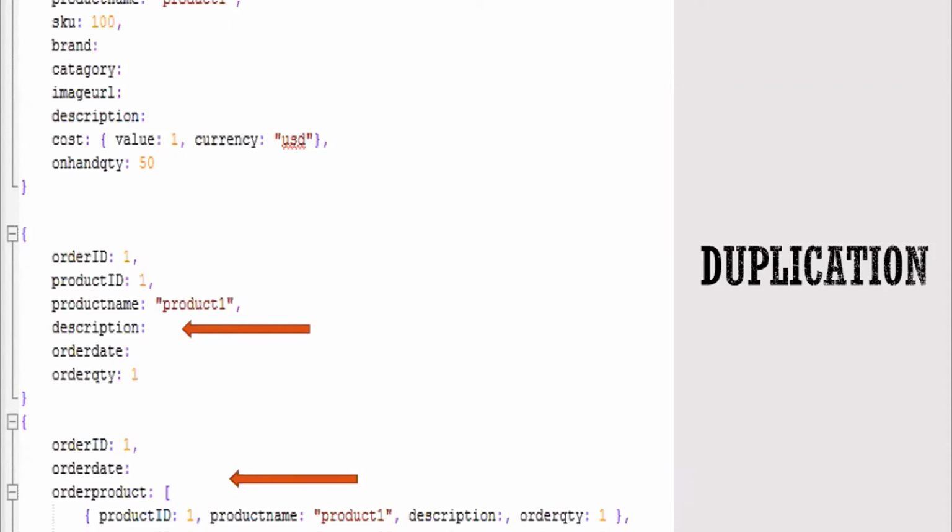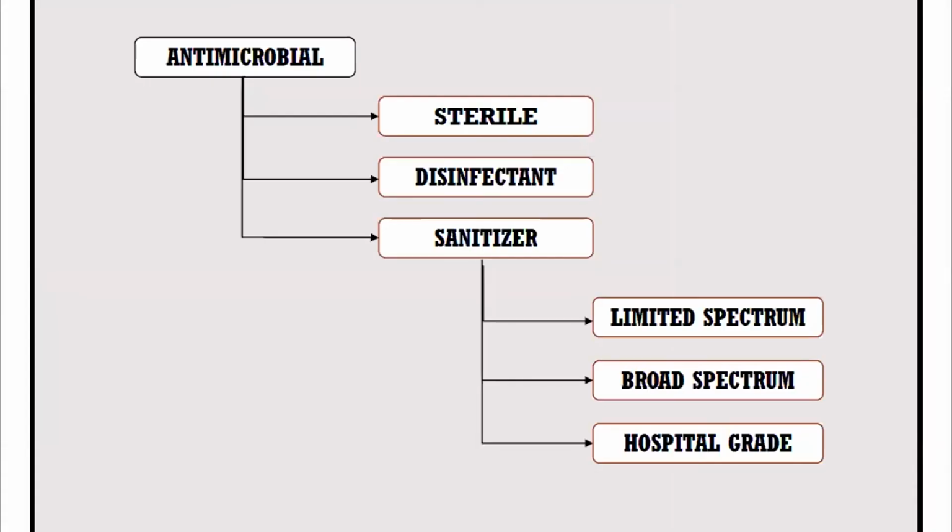Another area we are focused on with multi-joins is when you have subcategory relationships, like product hierarchies. Hierarchies exist all the time. Let's say, for the hand sanitizer we took, you can say antimicrobial has sterile, disinfectant, and sterilizer subtypes. And then within sterilizer, you have limited spectrum, broad spectrum, and hospital grade, right?